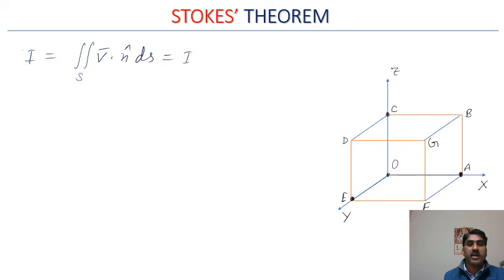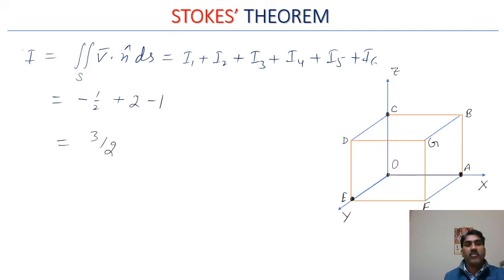This is I1 plus I2 plus I3 plus I4 plus I5 plus I6, and we obtain the values minus 1 by 2 plus 2 minus 1, the rest are all 0, so this is finally 3 by 2, and we also obtain the same value using the Gauss Divergence Theorem.